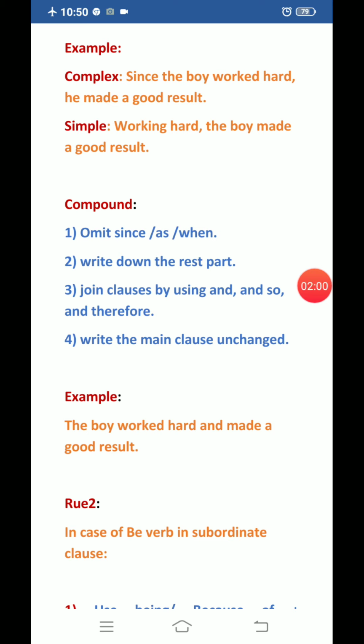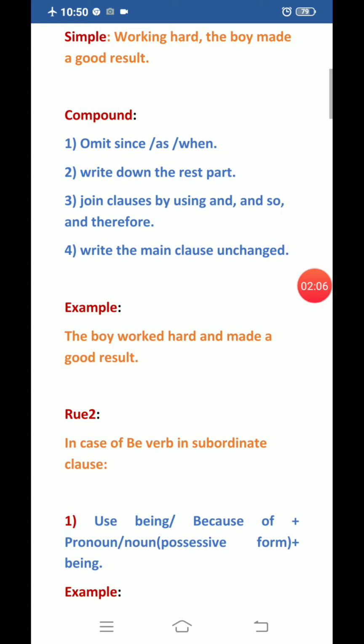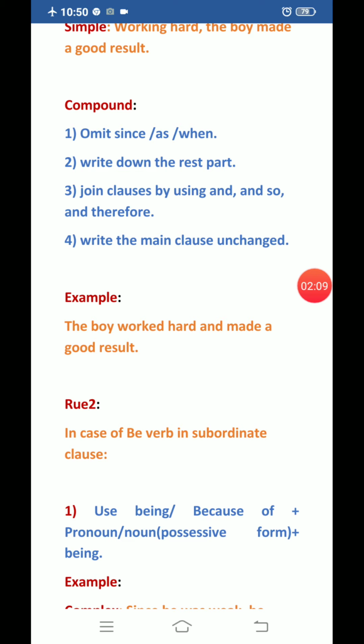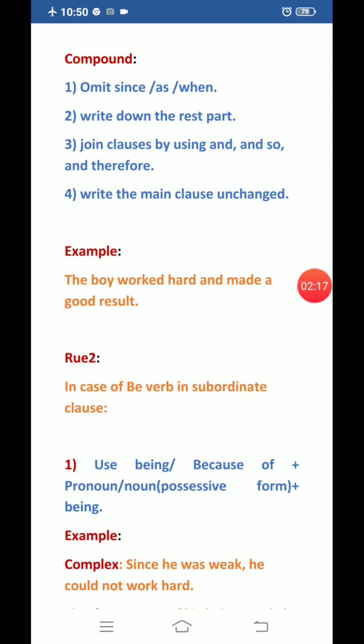Number 3, join the clauses by using and, so, and therefore. Number 4, write the main clause unchanged. Example, compound sentence: the boy worked hard and made a good result.